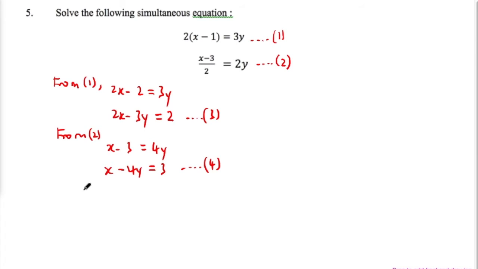From here, on examination, we need to create a common term which we want to remove. In this case, I want to remove the x terms, therefore I need to create a 2x. I take equation 4 and multiply by 2 to give us 2x minus 8y equals 6. This is equation 5.